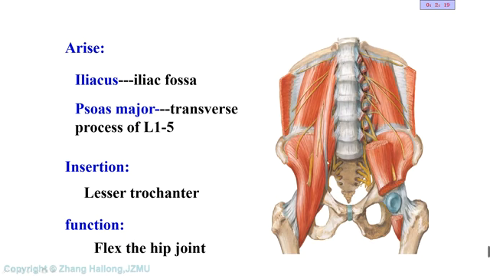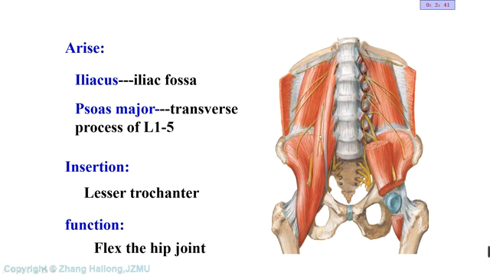They have a common insertion on the femur, on the superior part of the femur, the lesser trochanter. So this muscle is from the lumbar vertebrae and ilium, and inserts on the femur.